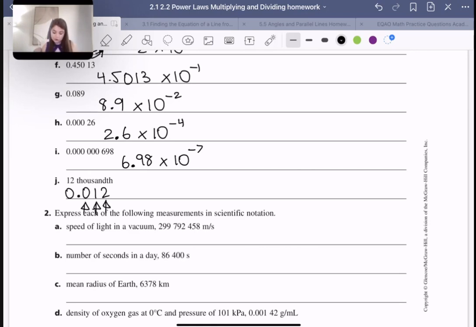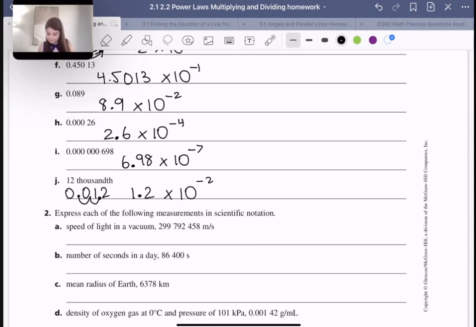So if there are 12 thousandths, that's the same as there being one whole hundredth and then two extra thousandths, right? So that would be 0.012. And so here we would have to move the decimal point over 2 spaces to get 1.2 times 10 to the negative 2.